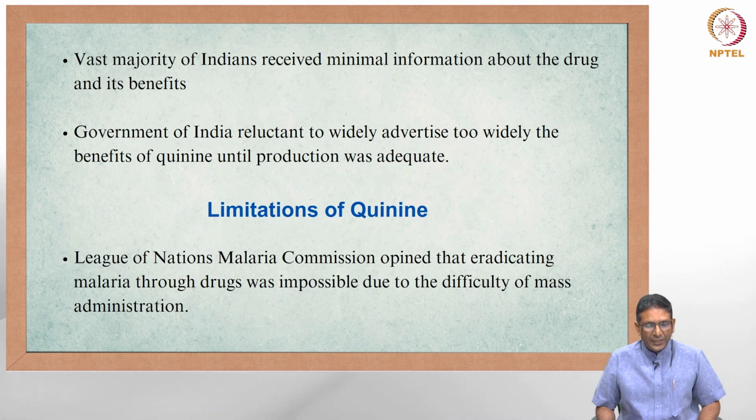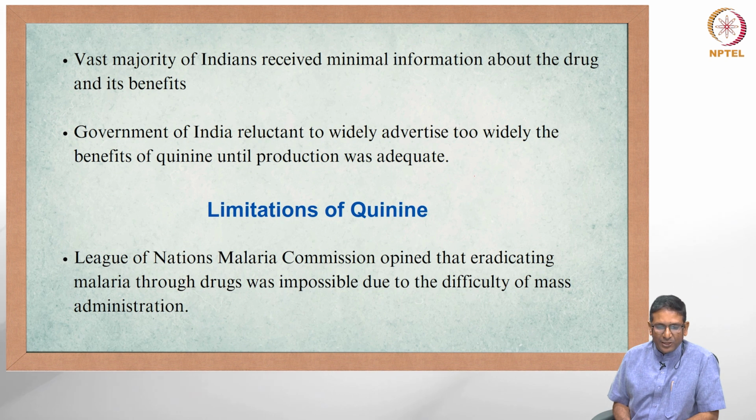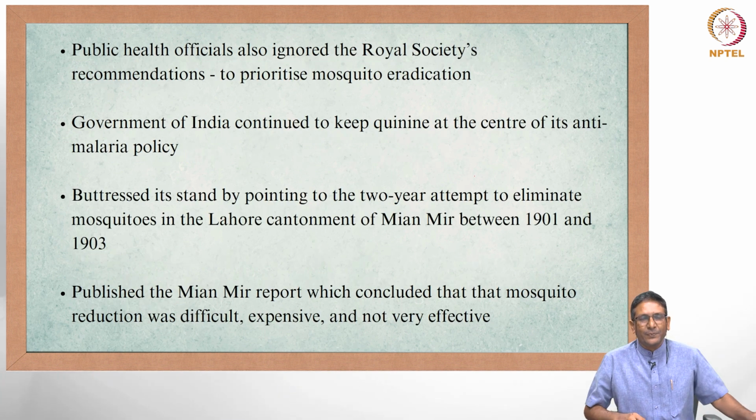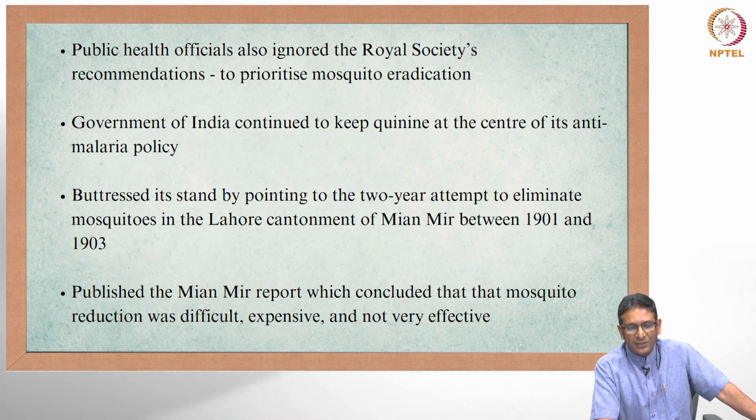The League of Nations Malaria Commission was of the opinion that eradicating malaria through drugs like quinine was impossible due to the difficulty of mass administration. And the public health officials here also ignored the Royal Society's recommendations.